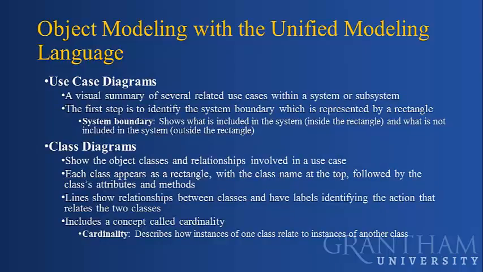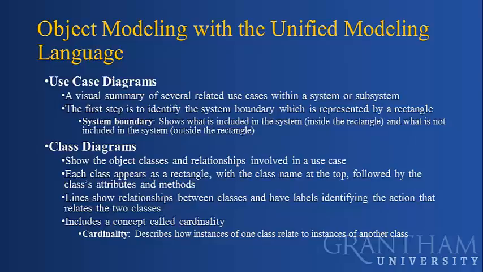Object modeling with the Unified Modeling Language. Use case diagrams are a visual summary of several related use cases within a system or subsystem. The first step is to identify the system boundary, which is represented by a rectangle. The system boundary shows what is included in the system, inside the rectangle, and what is not included in the system, which is outside the rectangle. Class diagrams show the object classes and relationships involved in a use case.